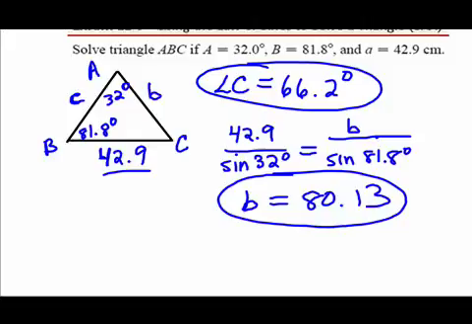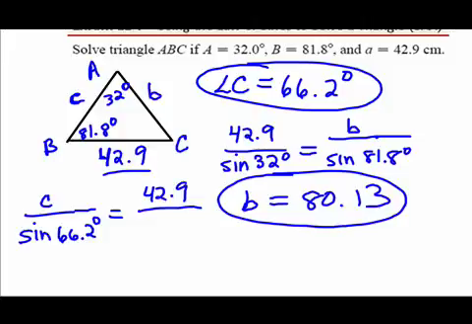Now we have to find side C. So again, we'll use the law of sines one more time. C over the sine of C, which we found to be 66.2 degrees. And here's where it doesn't matter to me if you use A and sine A or B and sine B. I'll stick with the original A and sine A. That'll be 42.9 over the sine of 32.